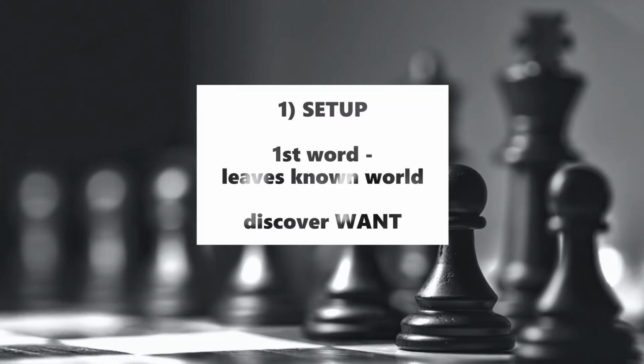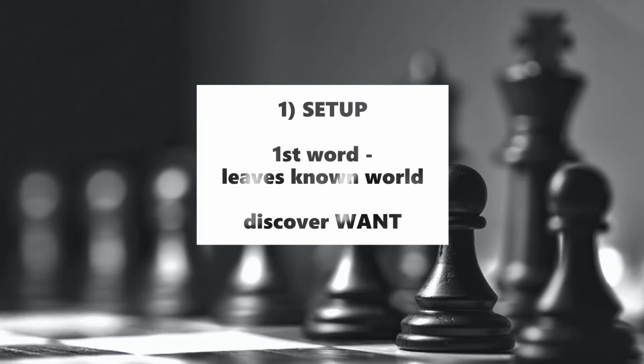What do I mean by this? Well, at the start of a story, we have the world that a character knows, the world that they're familiar with, what's normal to them, what they know about, where they are now, the status quo. And basically, their want, often they discover what it is that they want in this setup.